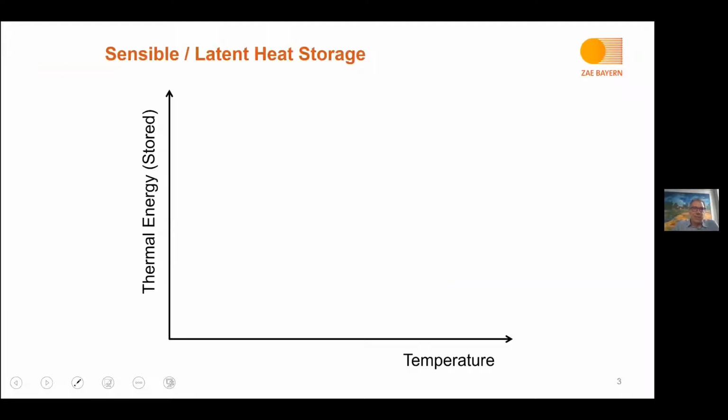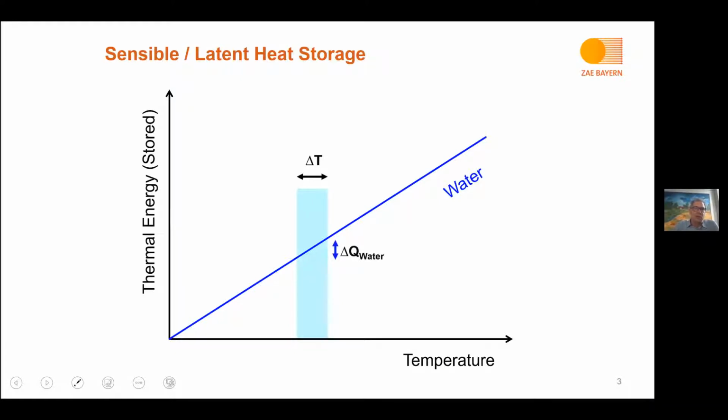Just very briefly explaining what that means. If we have sensible storage, and you have here a diagram where you have the stored thermal energy on the y-axis, and on the x-axis you have the temperature, then within a certain temperature interval, you can store a certain amount of heat. Here we have the line for water, so all materials have different slopes here.